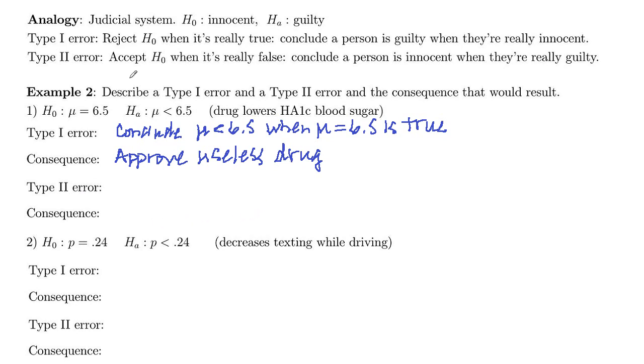Type 2 error: you accept H0 when it's really false. So you conclude that the mean is 6.5 when it's really less than 6.5. You conclude mu equals 6.5 when mu less than 6.5 is true.